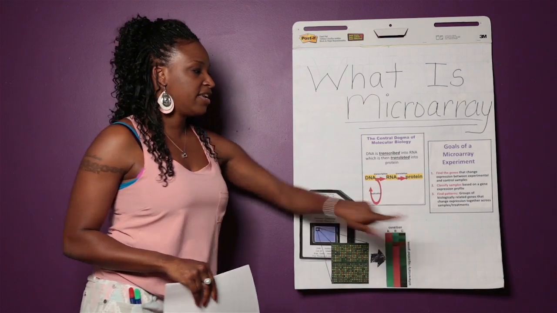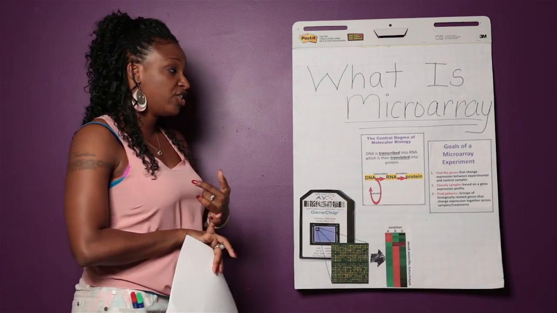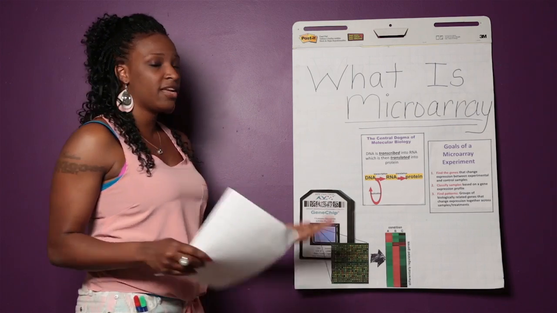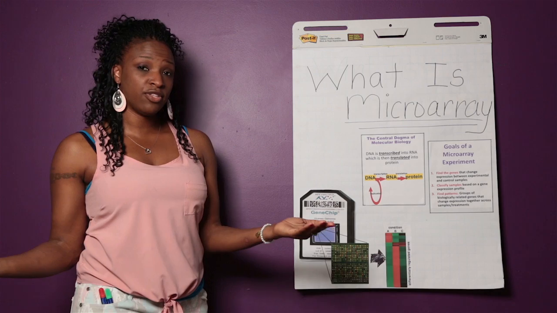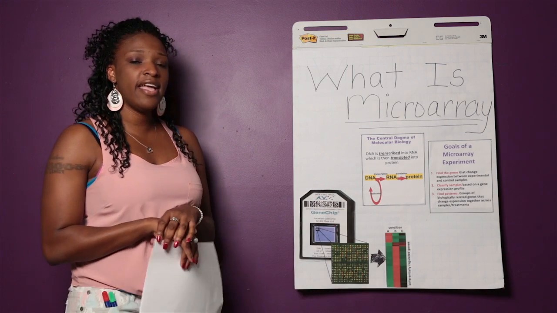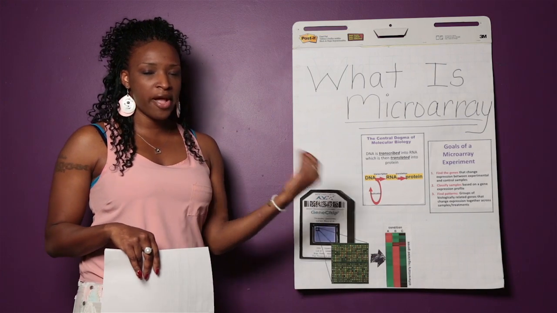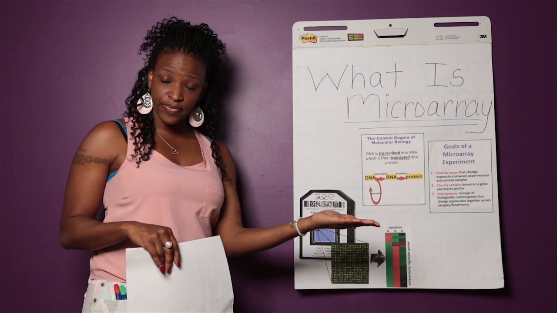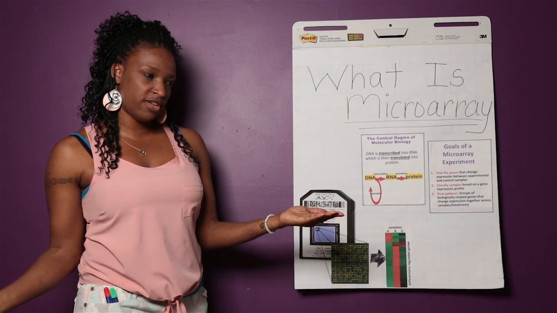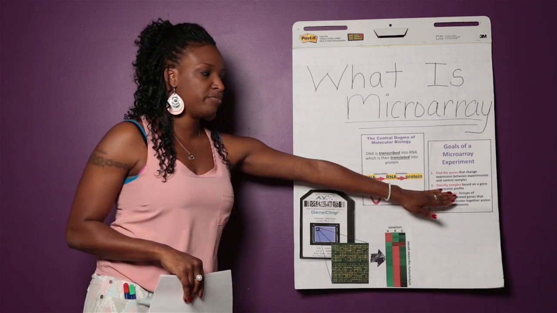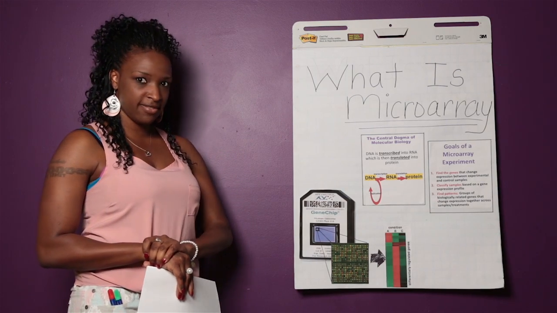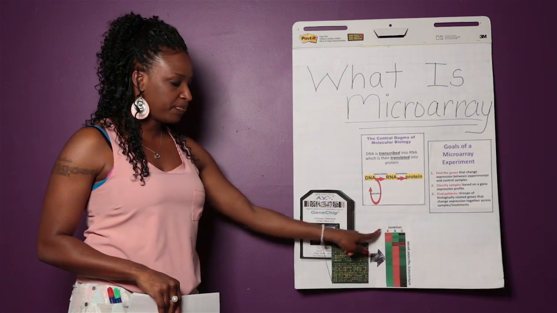There are 3 goals listed here. To find the genes that change expression between experimental designs. You could have a control group that you want to compare to an experimental group. And today, we're going to compare hibernation or winter genes to summer genes. Then microarray will allow us to classify those samples based on their expression profile. And that's what we would see here.